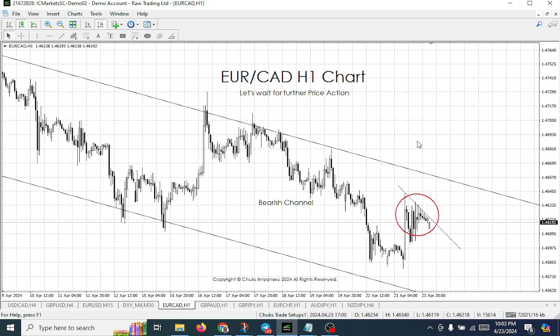Alright, so guys, that's what we have here. You can actually trade the 4-hour time frame, like I said before, or you trade from the 1-hour time frame. But because I've done a video on a 1-hour time frame chart, I decided to look at the 1-hour time frame opportunity.